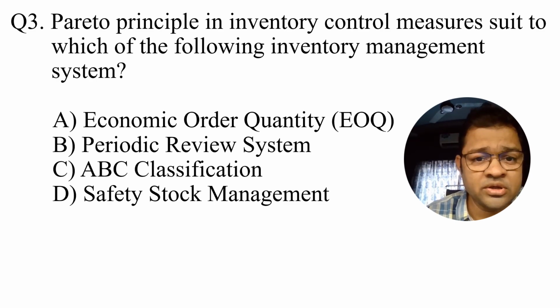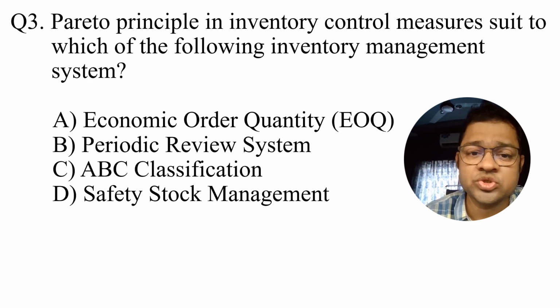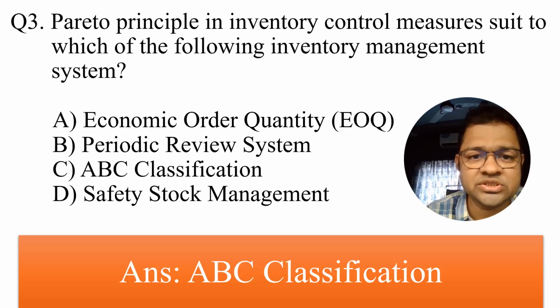But Pareto, the scientist, gave the concept of ABC classification, which is done on the basis of the value of usage, mainly handled in different time periods or in a particular year. This Pareto classification is also called the classification of maldistributions. So here the answer is the third one, the ABC classification.